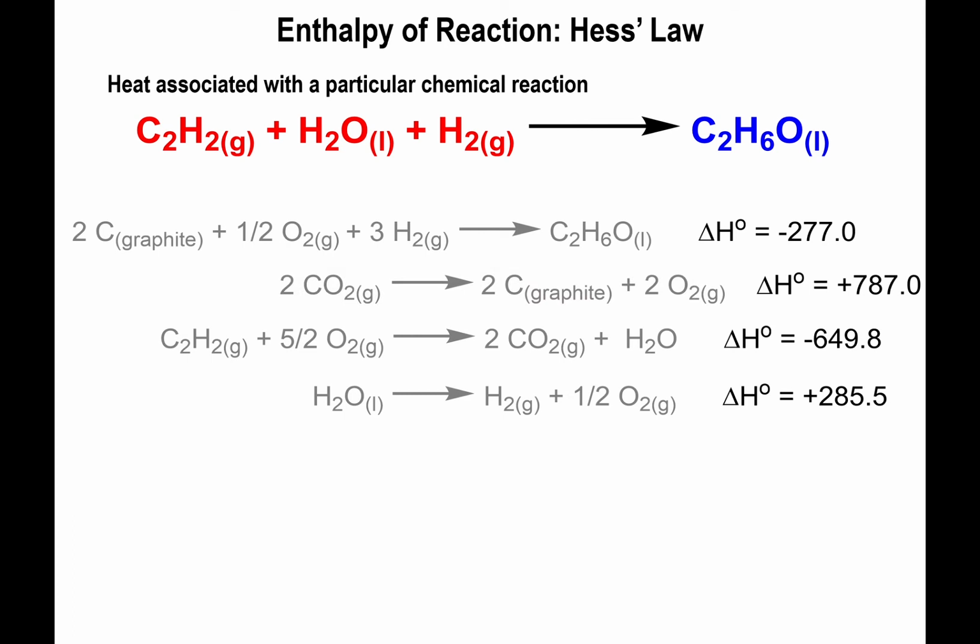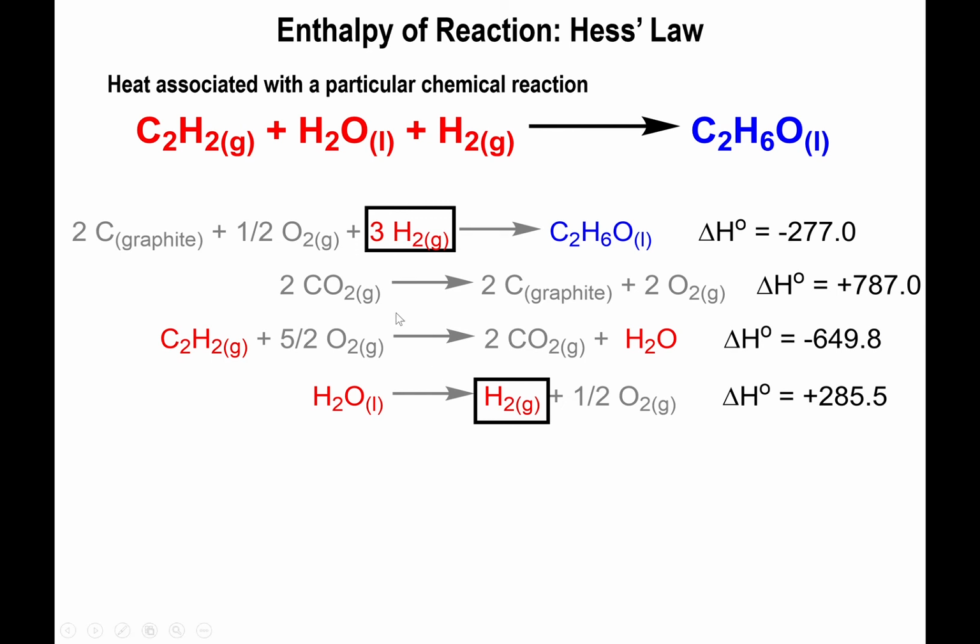Alright, now let's go back to this water business. As I stated before, you have one water on the right side, and right now you have one water on the left side, but you do need to end up with one water on the left side overall. So you're going to have to multiply the third equation by 2. Another way to look at it too is that you want to have only one equivalent of H2 on the left side, and currently you have 3 equivalents on the left side for the first equation, but you have one equivalent only on the right side of the fourth equation.